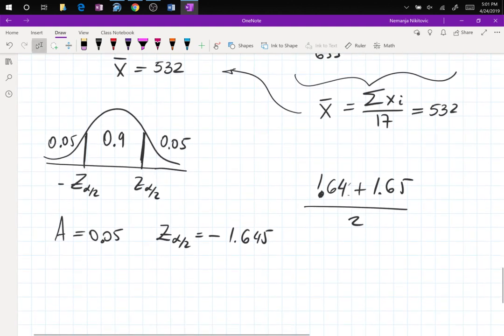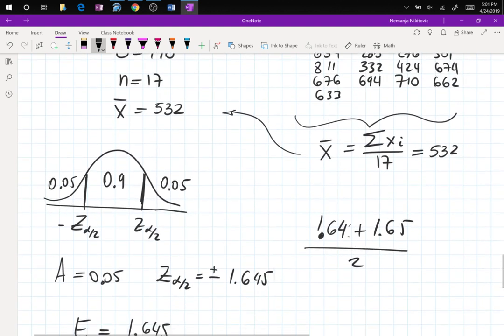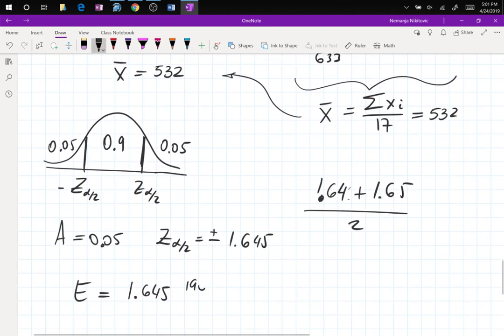So now I can compute E, which is the margin of error. That's going to be 1.645. That's the z-score. Remember, you have a positive and negative of these. And then you have 190 divided by the square root of 17.